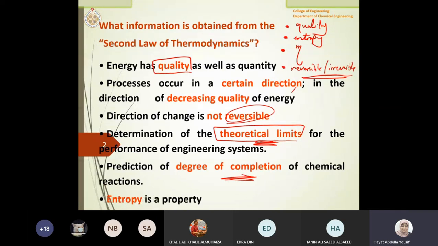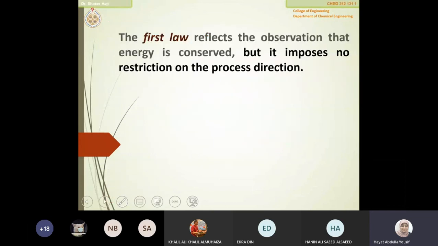What they noticed experimentally, because of the direction and because of the quality, because of those two terms, mainly they observed two things. Okay, I will mention the observations, but remember that whatever we are going to cover here is just talking about the restrictions, because in the first law of thermodynamics we did not talk about any restrictions on the directions or whatever.